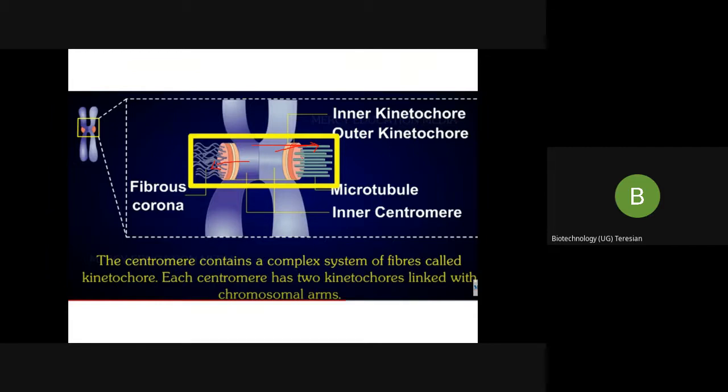So once again, the outer plate contains the fibrous material that is thought to attach to the motor proteins involved in chromosomal movement, whereas this inner plate is attached to the centromere. And this centromere is a heterochromatin of the chromosome, constitutive heterochromatin.